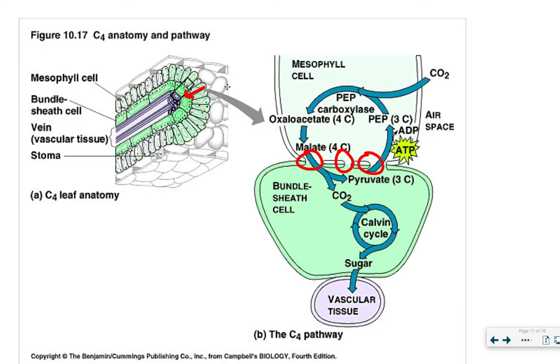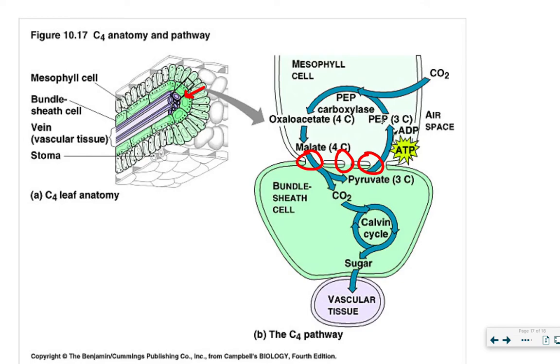If the stomata are closed and carbon dioxide levels are very low and oxygen levels are very high, the plant is basically ensuring that carbon dioxide will be the gas that is initially fixed into the process because oxygen gas cannot interact with PEP carboxylase. And also remember, the mesophyll cells are what are nearest to those air pockets, and so having an enzyme that only binds CO2 is a huge advantage.